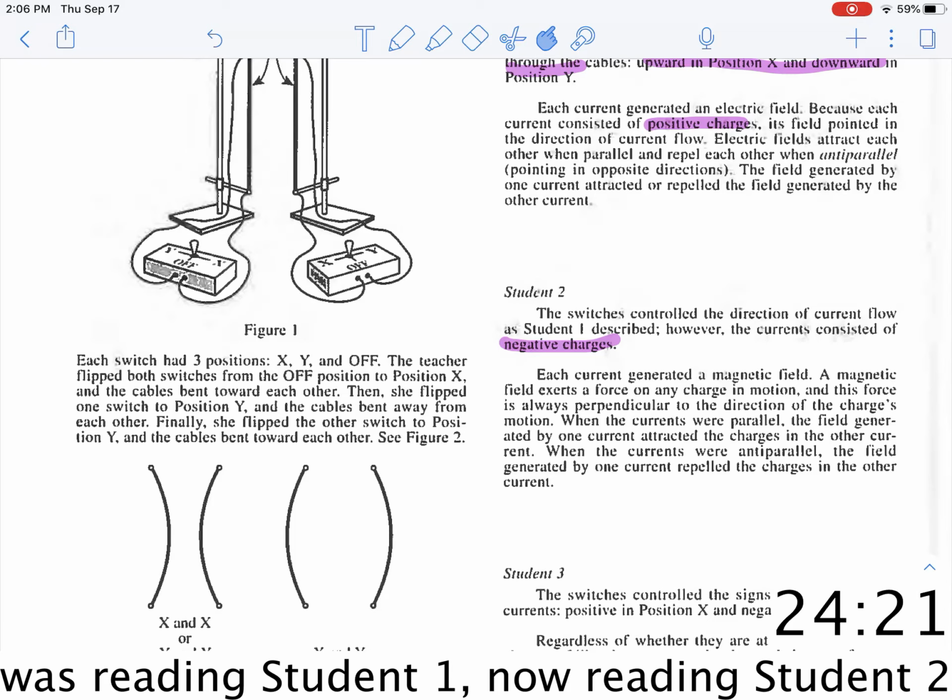Okay, what does this even say? Field generated by one current. Great. Currents were anti-parallel. Field generated by one current repelled them. So when they're anti-parallel, they were repelled.